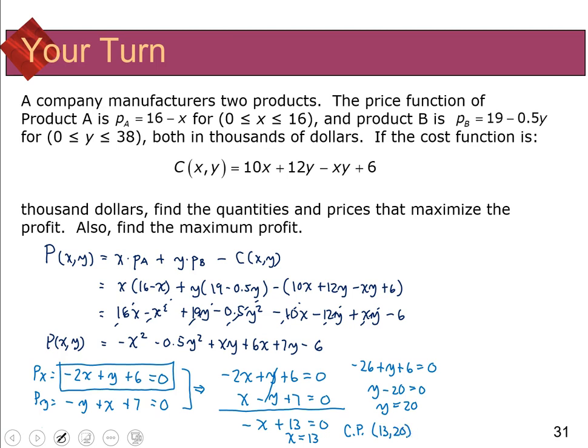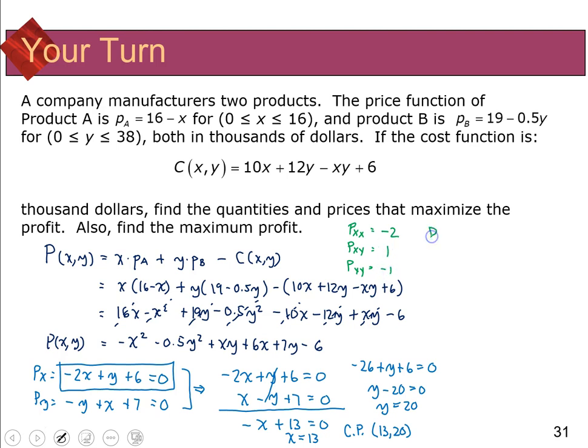Now, as a side note, I didn't leave myself a whole lot of room here, but still, I'm going to do a test to make sure that this is in fact a maximum. So I am going to do the D test. I'm going to figure out what P of XX is, P of XY, and P of YY. This becomes negative 2, this becomes 1, this becomes negative 1.